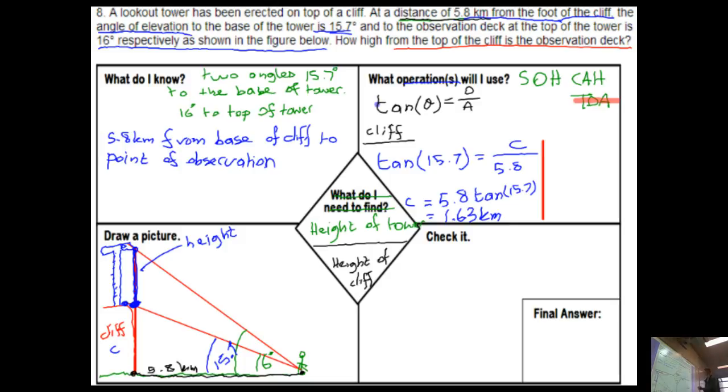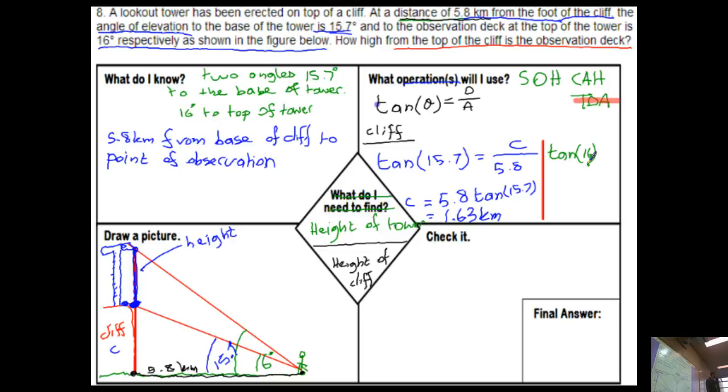Okay. So that's going to use for me another tan rule, where the angle now is 16 degrees, and the opposite side of this large triangle is not just the height of the tower, but the height of the tower and the cliff combined, the total height.